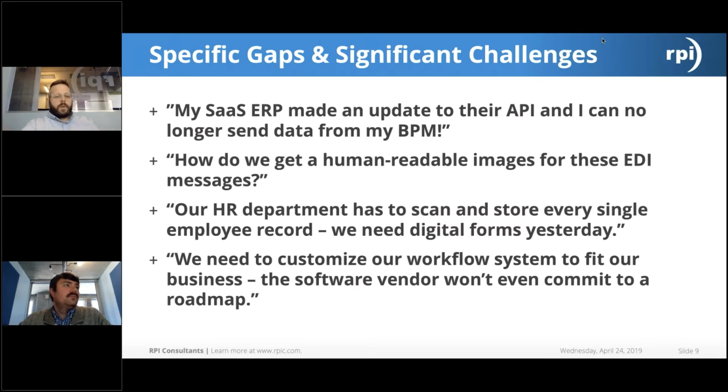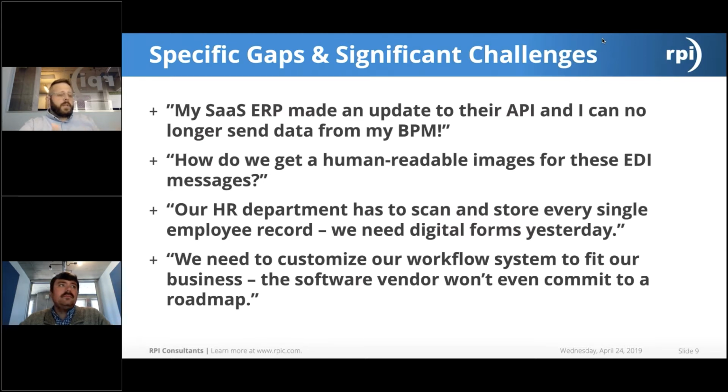EDI covers all sorts of different scenarios and business processes, but often for really just exception handling, but also for auditability, you need to have some kind of human readable record to support that transaction took place. So how do we get those? Also something we often hear.